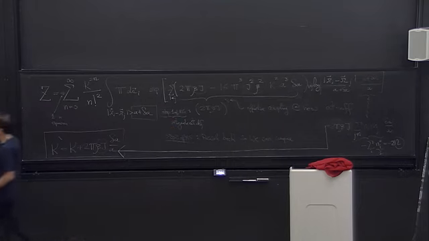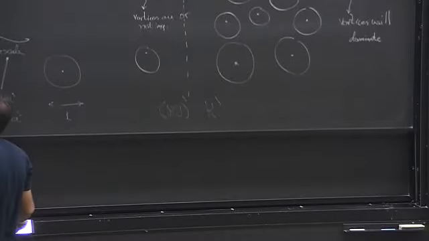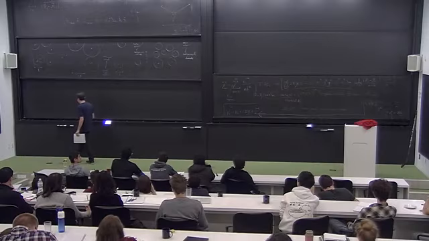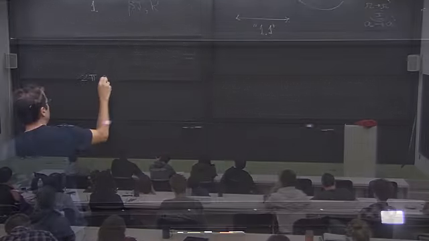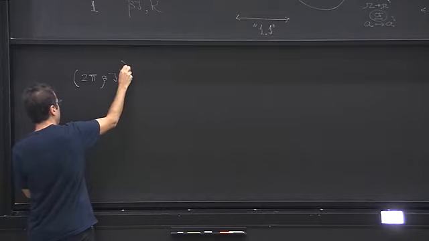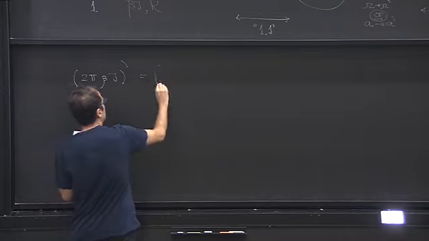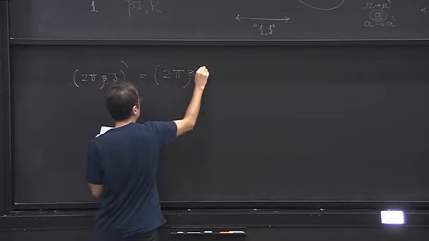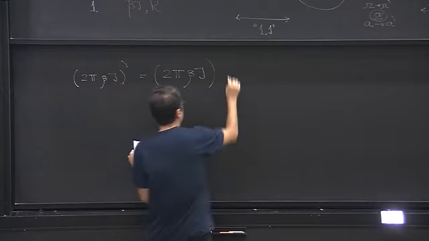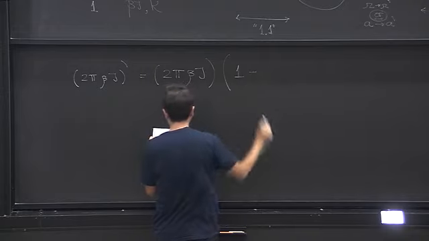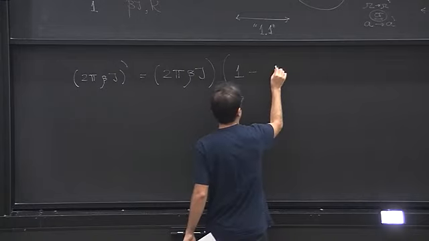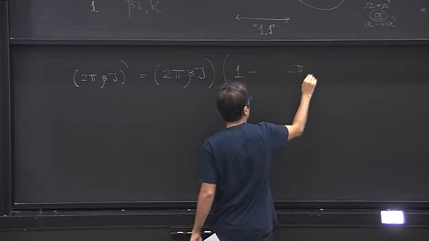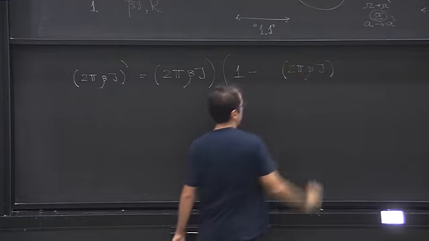So let me write how you would like to write these equations. What's the best way? Let's write a summary. So we have 2 pi beta j prime is equal to 2 pi beta j, the original cutoff. Then we have 1 minus, and you see that there is some 2 pi beta j that I would like to factor out.